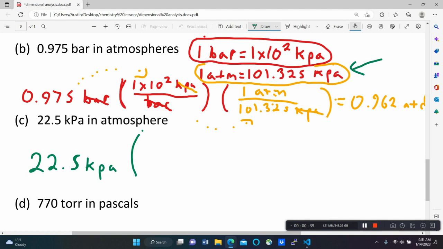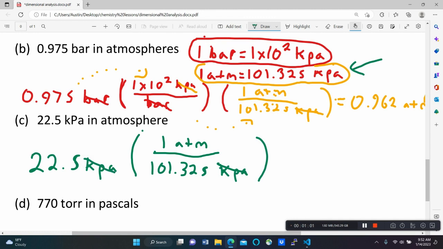So again, for every unit of ATM, you have 101.325 kilopascals. And as you've already seen, units of kilopascals in the numerator are going to cancel out with the units of kilopascals in your initial measurement to give you your solution in atmospheres, which is 0.222.